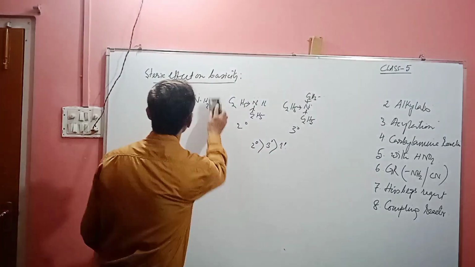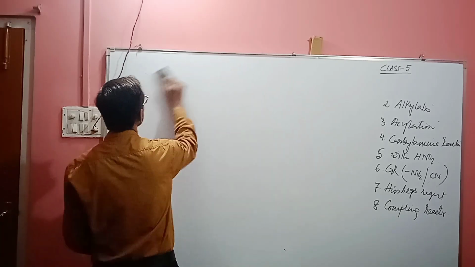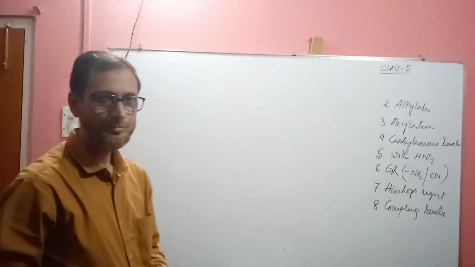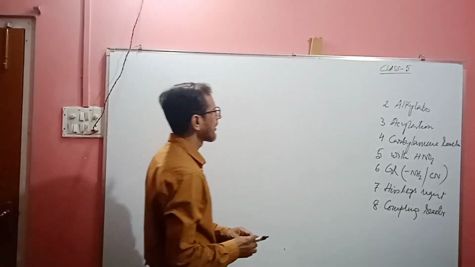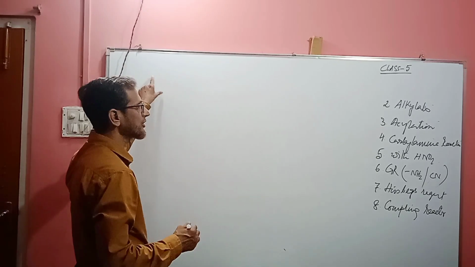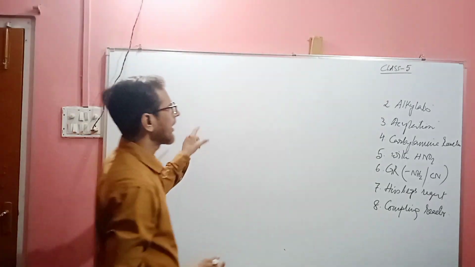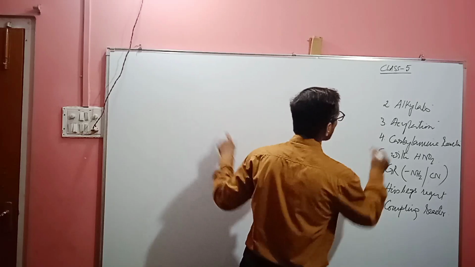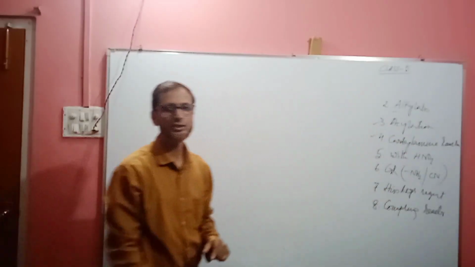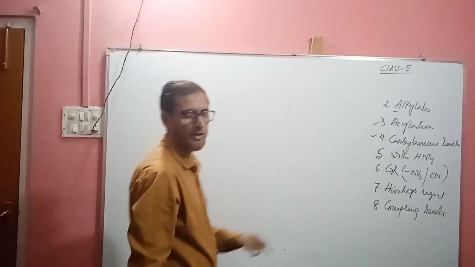So this is all about the basicity of amine in aqueous solution. Now the reactions of amines. The first reaction was amine as base, and the second was alkylation, third acylation, then carbylamine, reaction with nitrous acid, with Grignard reagent, with Hinsberg reagent, and coupling reaction.